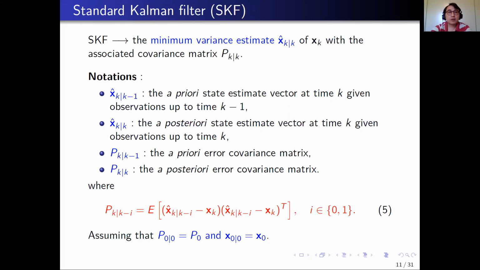The standard Kalman filter also assumes that the initial state x_0 equals x_0|0 and the error covariance matrix P_0 equals P_0|0.